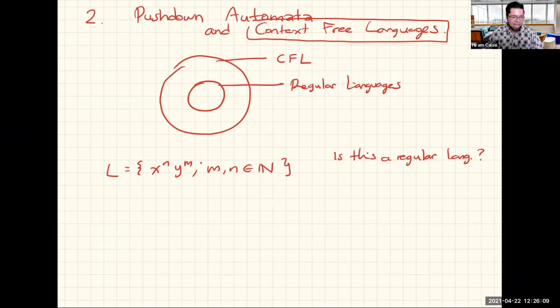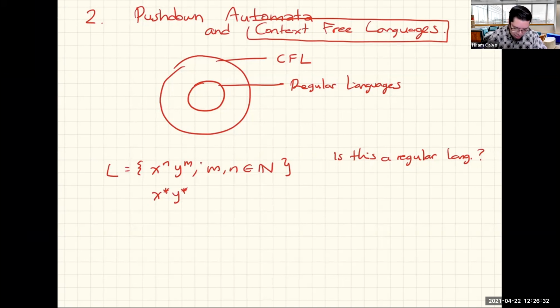Meaning that n could be any value, m could be any value as well. So they are completely unrelated items. This could be written as a regular language as x star, any number of x's, and y star, any number of y's. There is no relation between them.